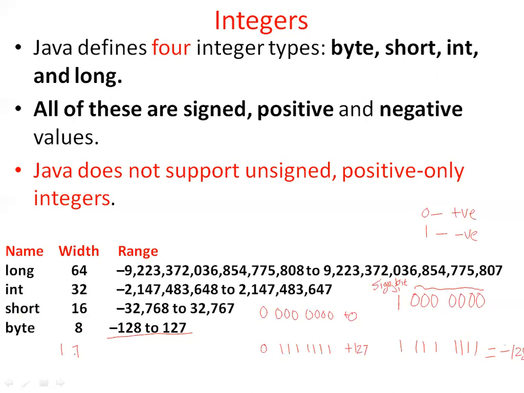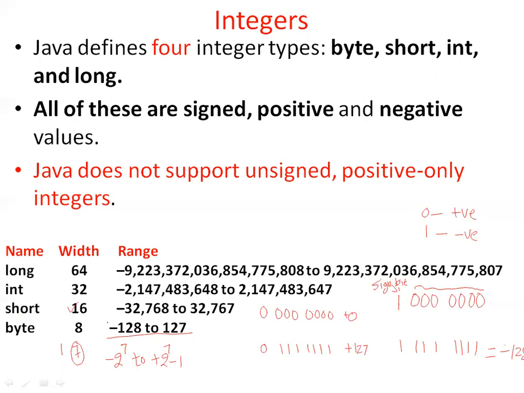So how to get this range of values? You can remember it like this: minus 2 power of 7 to plus 2 power of 7 minus 1. So 2 power of 7 is 128, so minus 128, and 128 minus 1 means 127.